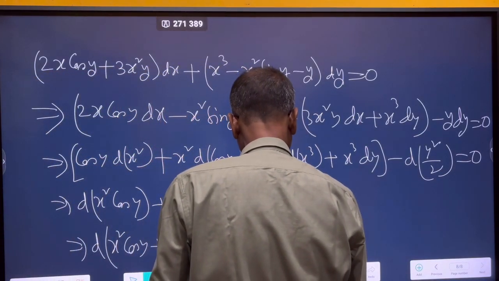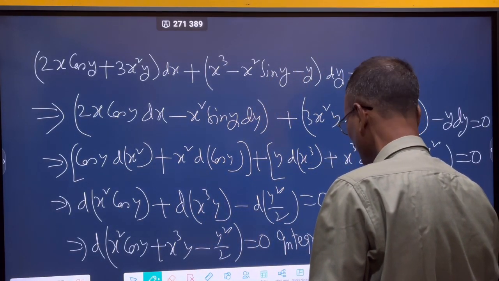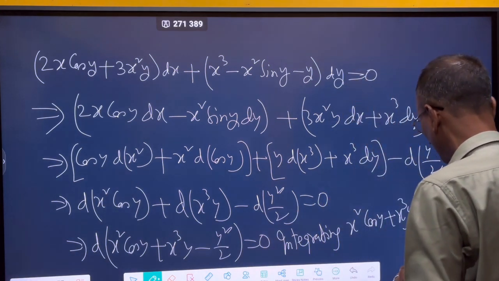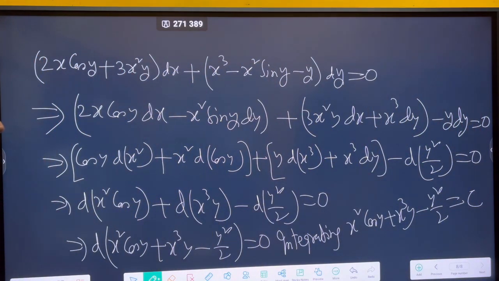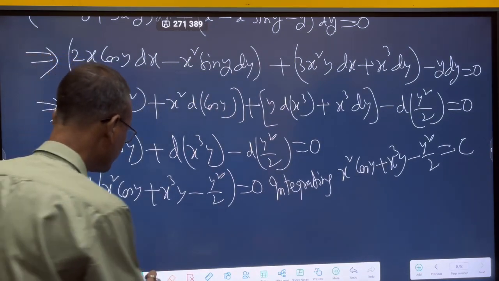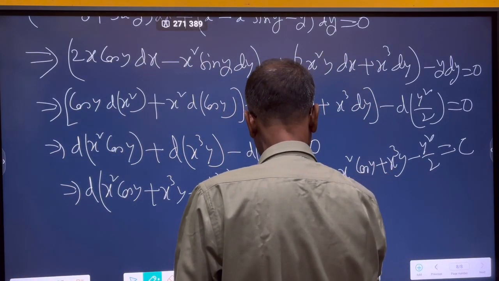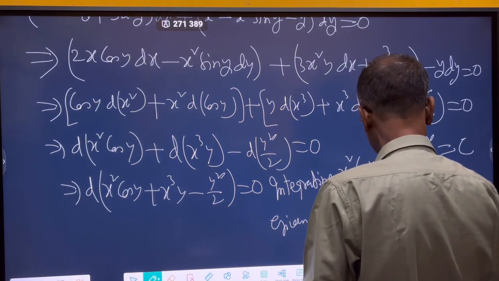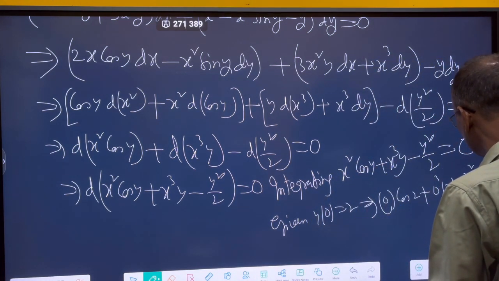Integrating, you may write x square cos y plus x cube y minus y square by 2 equal to c. Now given y(0) equal to 2, this means 0 into cos 2 plus 0 cube into 2 minus 2 square by 2 equal to c.